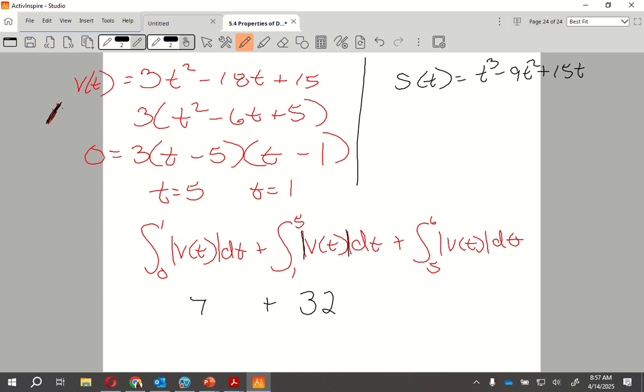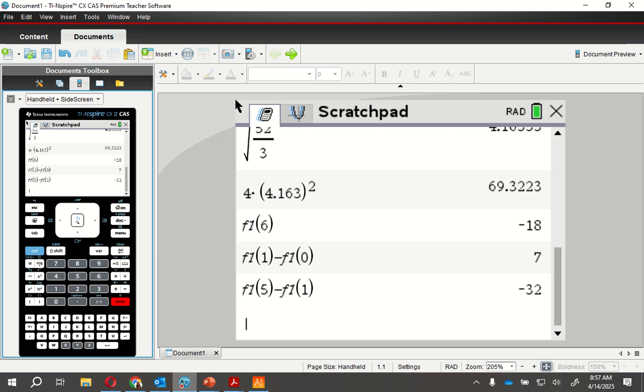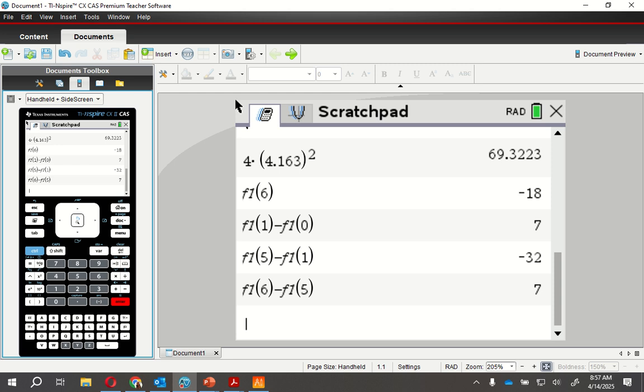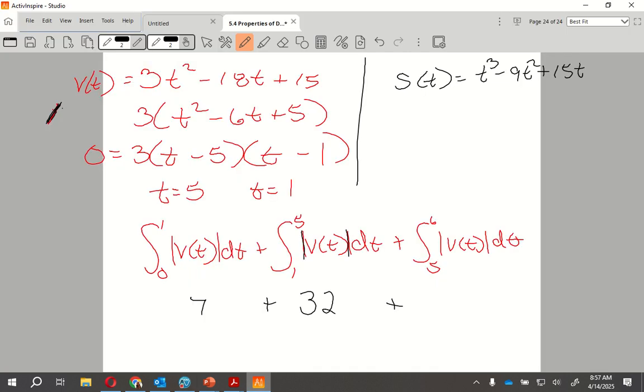All right, next one. Plus s of 6 minus s of 5, and positive 7 again. There we go. So my answer comes out to be, what's that, 39 plus 6, 46?